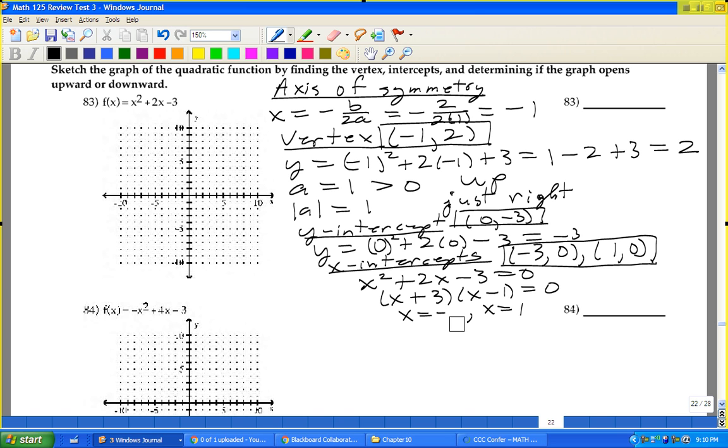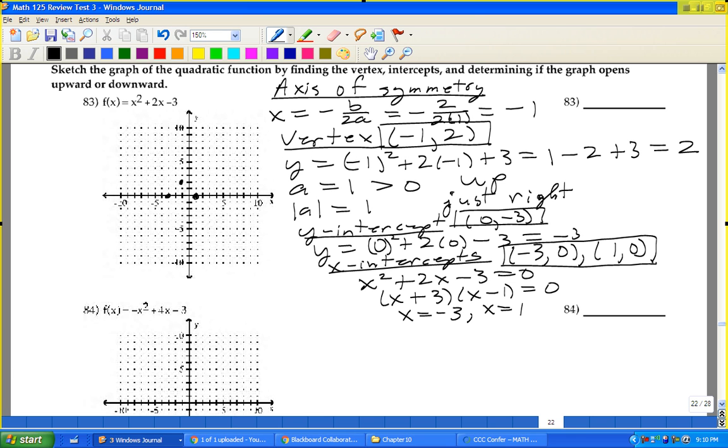And so let me sketch the graph. So at negative 3, at positive 1, at negative 1, 2, and at negative... wait 1 second.